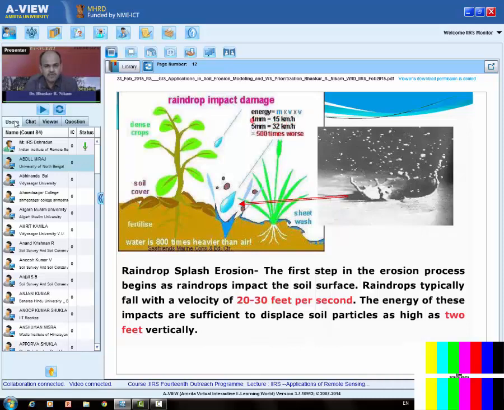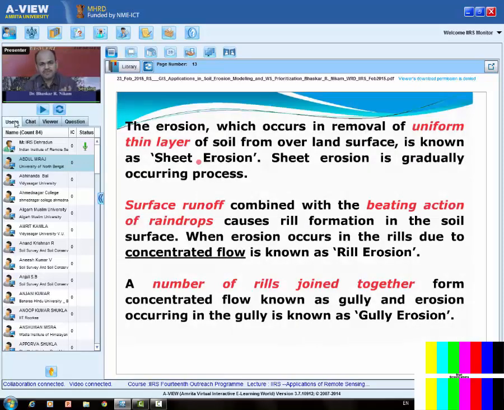If the drop size is increased to 5 mm, the velocity will be 32 km per hour, and the erosive energy will be 500 times the original, because the equation is mv squared. Not only the mass but the velocity will increase with the increase in diameter, so its erosive power will increase. So we know if the droplet size is bigger, the erosive power of that rainfall will be much higher.